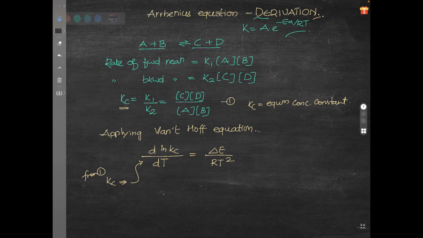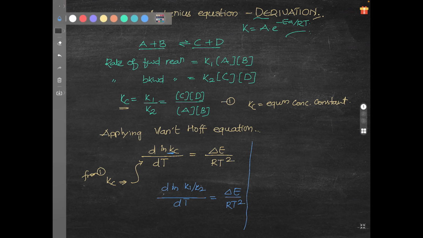Then how does it become? d ln, in place of Kc we write k1 by k2, by dT is equal to delta E by RT square. Very simple.